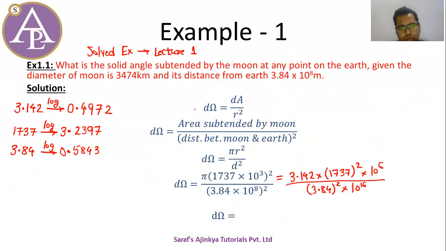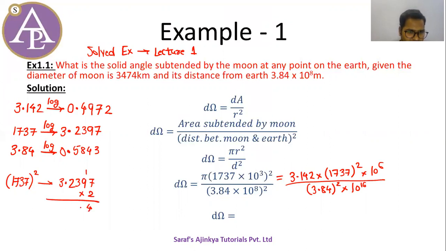Now, first of all, I have 1737 square. How will you get 1737 square? This should be multiplied by 2. So 14 carry 1, 19 carry 1, 3 into 7, 4 and then 6.